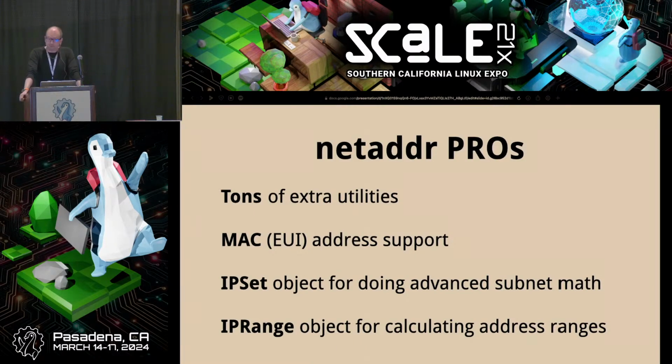It has support for MAC addresses, which means that you can actually parse MAC addresses, and I'll give you an example of that. There's an IP set object for doing complex subnet math that normally would require either a calculator or some kind of advanced tooling. IP sets are amazing. An IP range is for doing address ranges. It's particularly useful in enterprise environments.